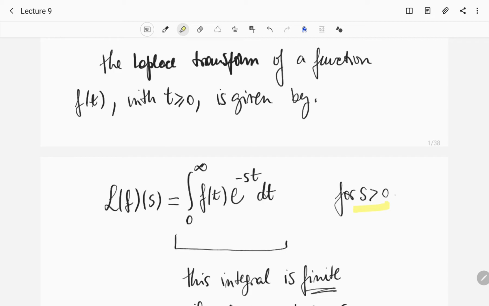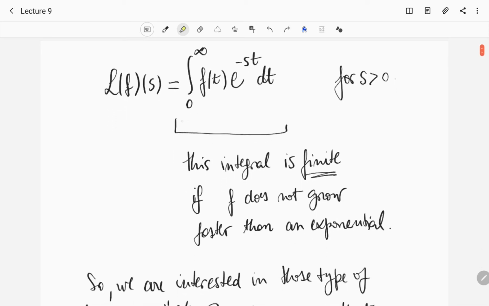Maybe in some cases we have a smaller range for s, but in principle it is a positive parameter. And we will use this notation, L of f of s. Okay, so this notation will mean the Laplace transform of f at s, where s is in principle positive.